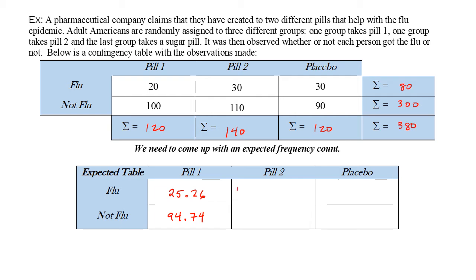So the expected value for pill 2, the expected number of people that we would expect to get the flu if the choice of pill is independent of whether or not we get the flu, let's see, would be, we're going to take the total, which was 140, times the total here, which was 80, over the grand total, 380.